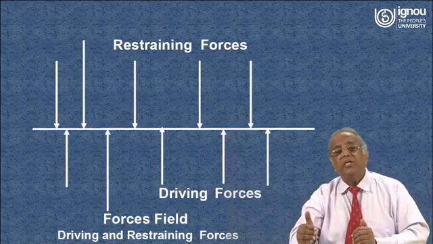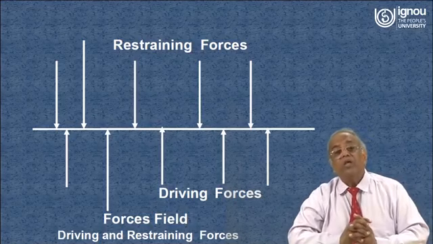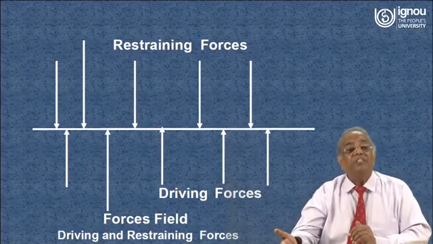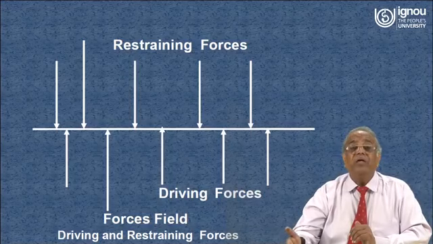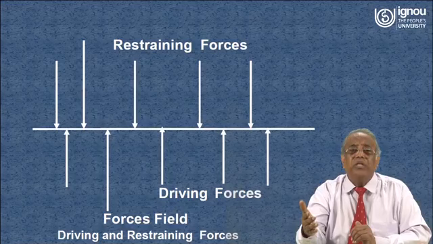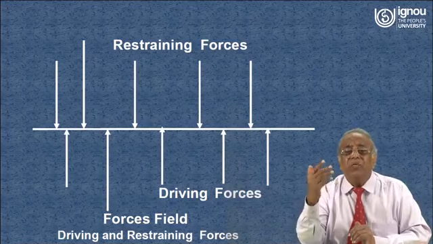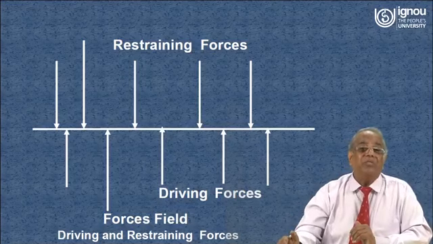Now when the change is being introduced, there are 2 types of force. One is in favor of change, that is the driving force, and there is a force which is not in favor of change. That means they are against the change. That force is known as the restraining force.